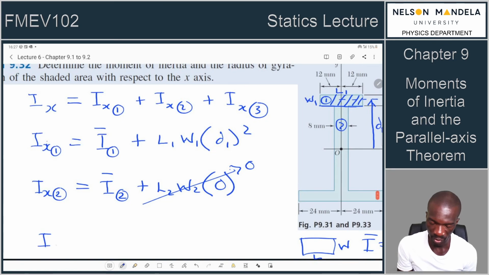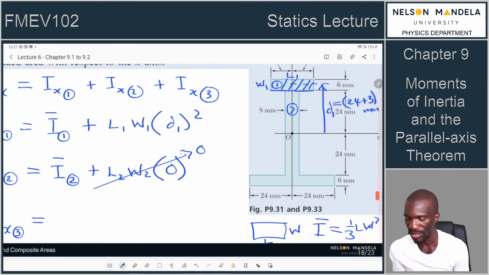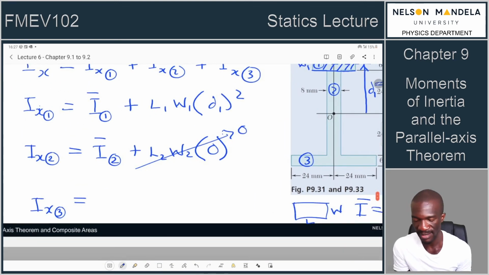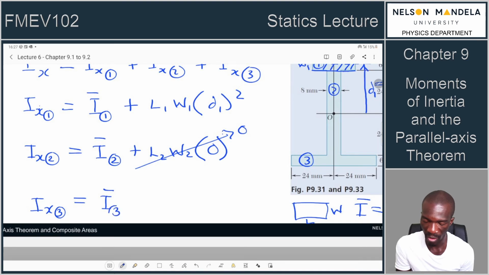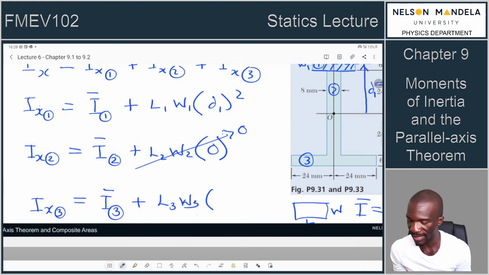Then you have your Ix3. What is your Ix3? By the same method, you just need the centroidal moment of inertia of area number 3, plus its area, which is obviously length 3 times width 3, multiplied by D squared.